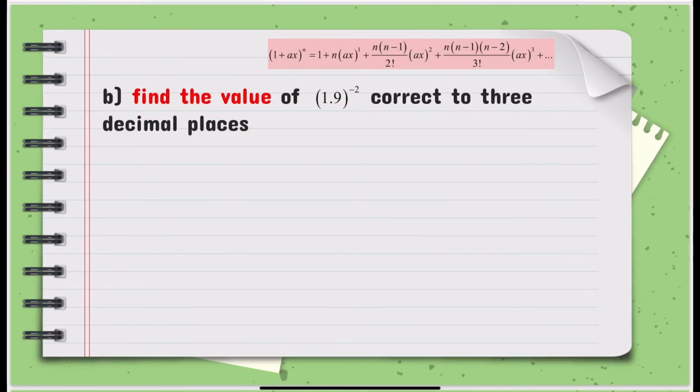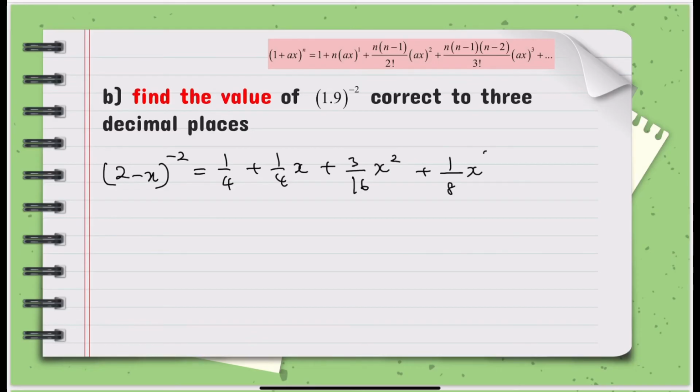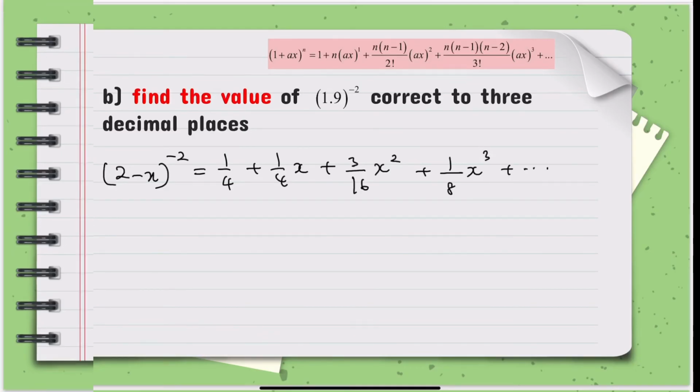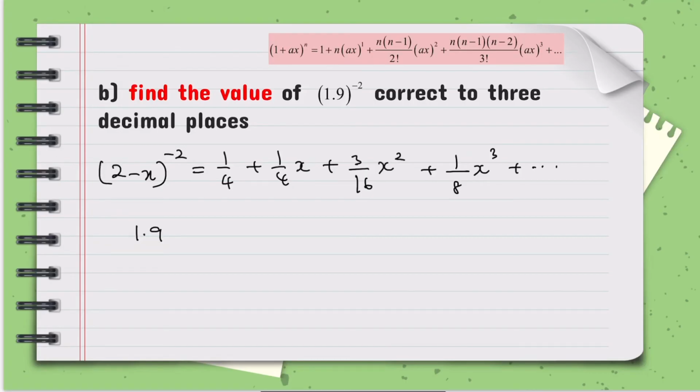Recall the expansion from the previous slide, where we have 2 minus x to the power of negative 2 equals 1 over 4 plus 1 over 4 x plus 3 over 16 x squared plus 1 over 8 x cubed plus triple dots. 1.9 to the power of negative 2 equals 2 minus 0.1 to the power of negative 2. When we compare, we notice that our x equals 0.1.